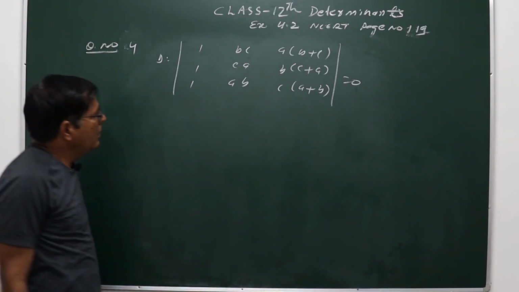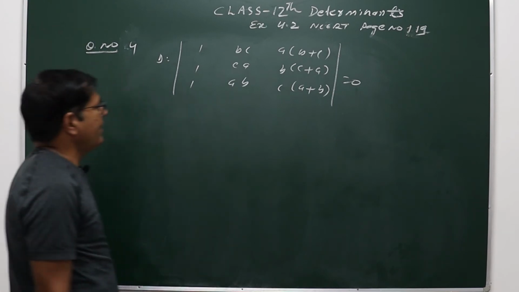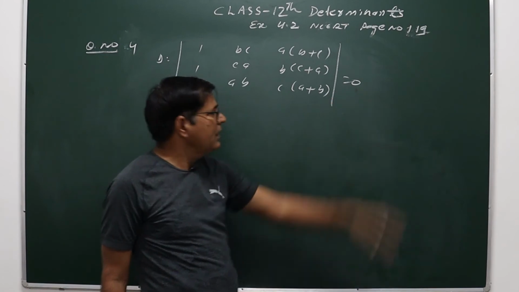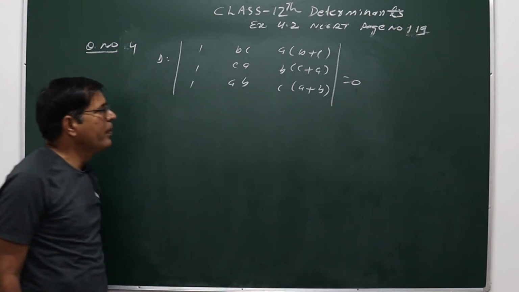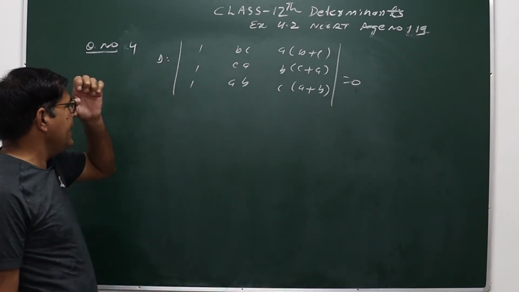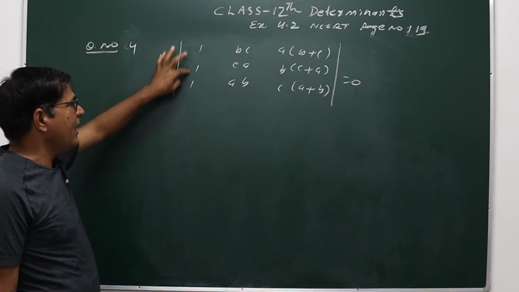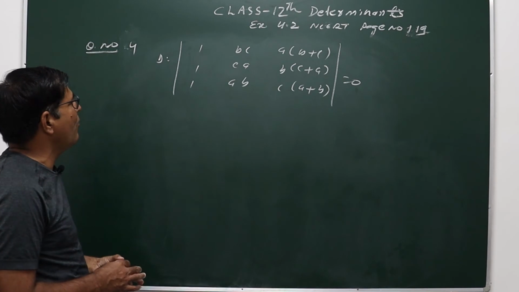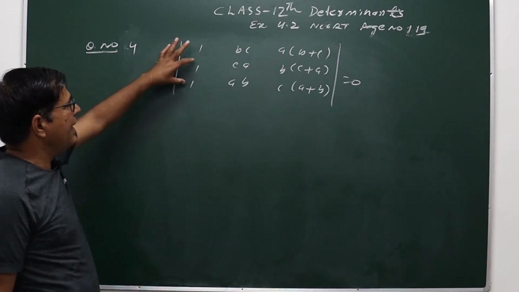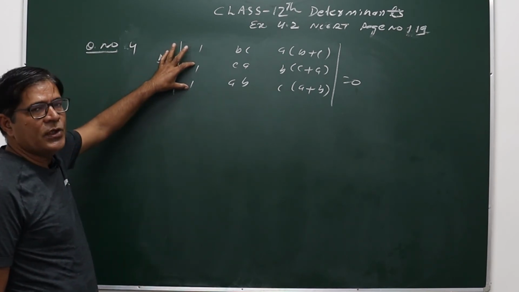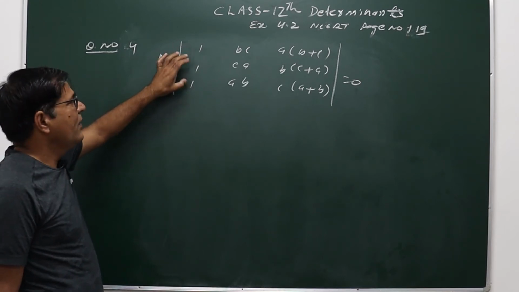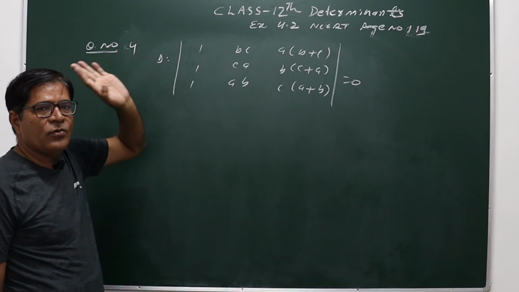So in the given determinant, on the right hand side we have to prove the determinant equals 0. In any given determinant, if one row or one column has the element 1, then by making any two elements 0 by applying an elementary operation, we can expand with respect to the given element.